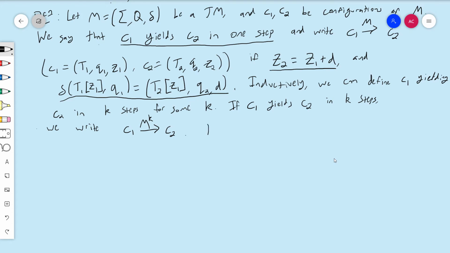So for strings x which don't have blanks, we'll call these inputs.